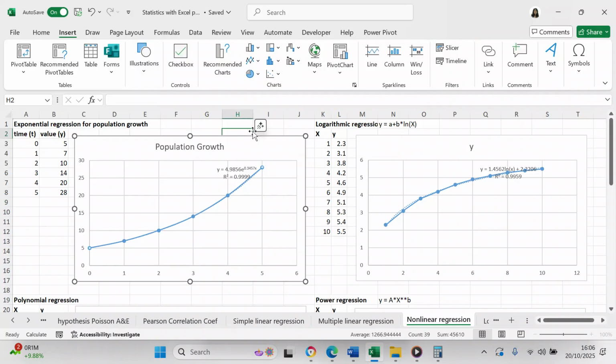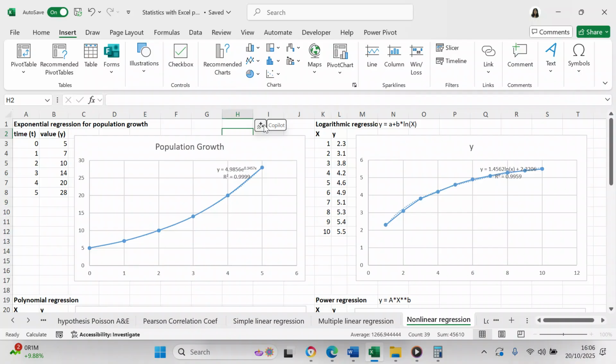The first sample of nonlinear regression is population growth. You're going to have a time t from 0 to 5, and your value y from 5 to 28.